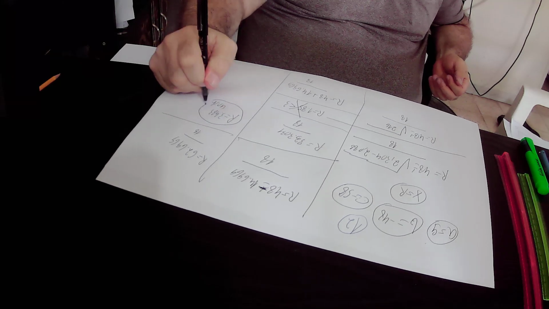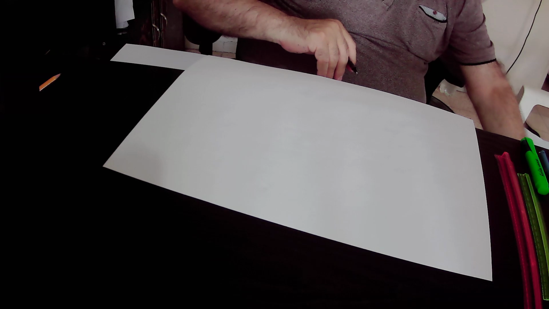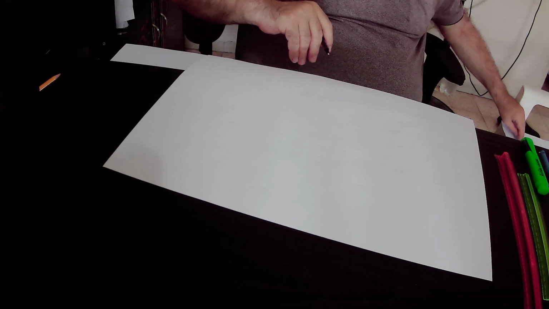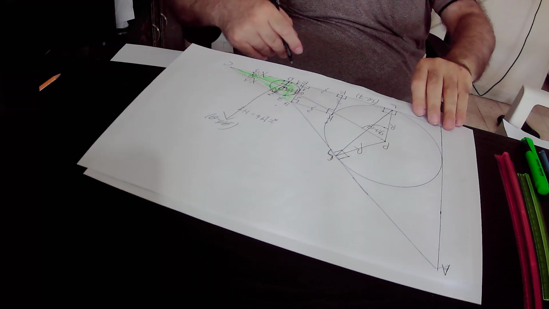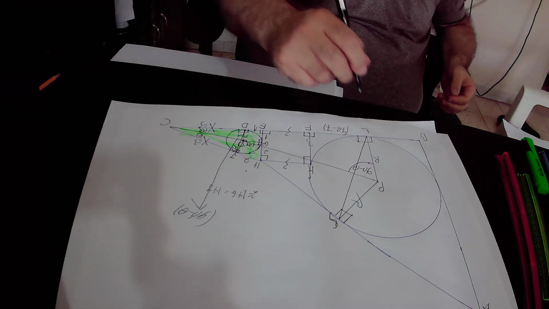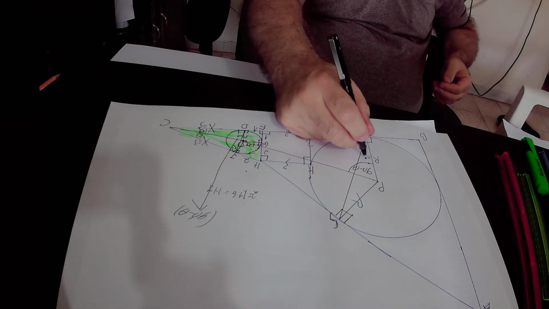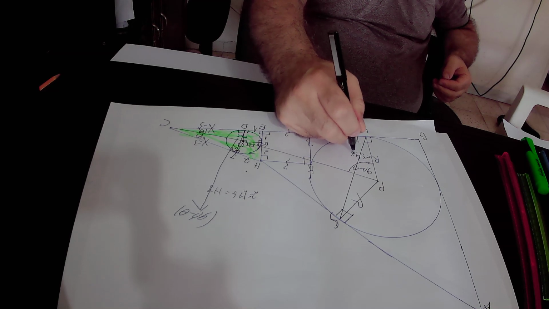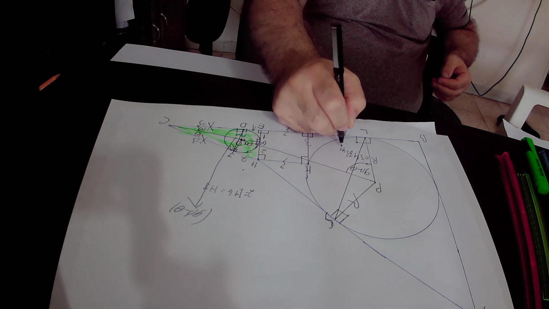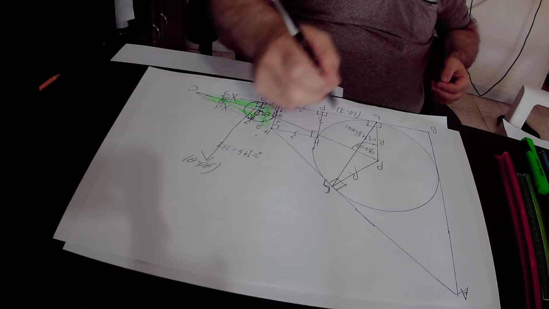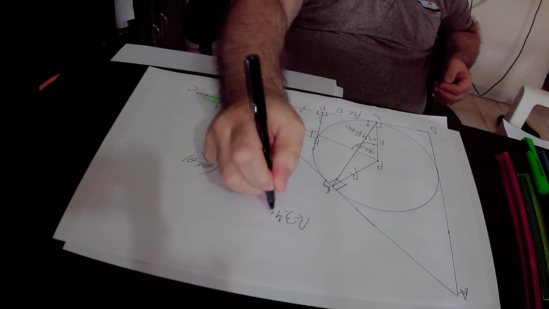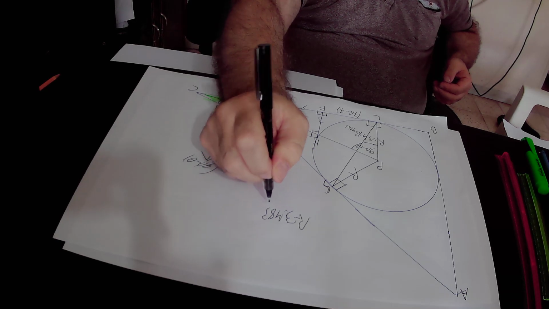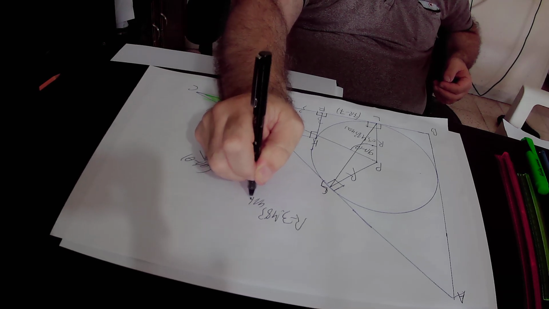So we actually found that the radius of this big circle R is equal to 3.483 units. We finished with the question.